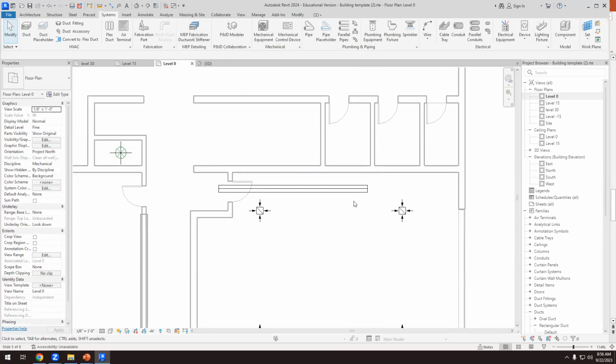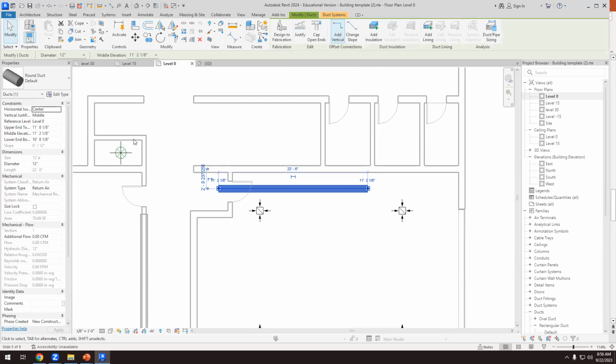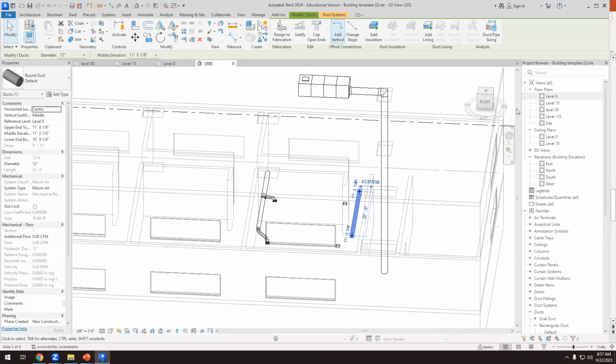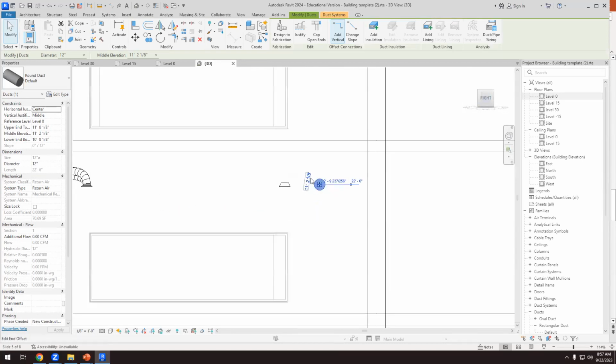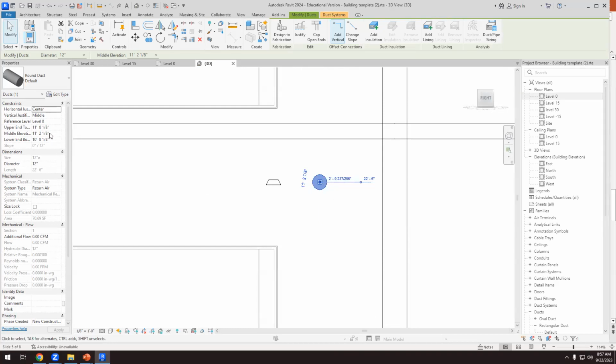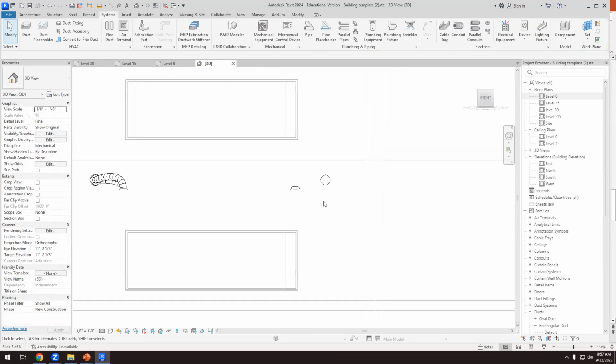So now we have to check the elevation of this bloody duct. Revit decides that the elevation is not 12, it's 11 2 inches, whatever. So it's making 12.